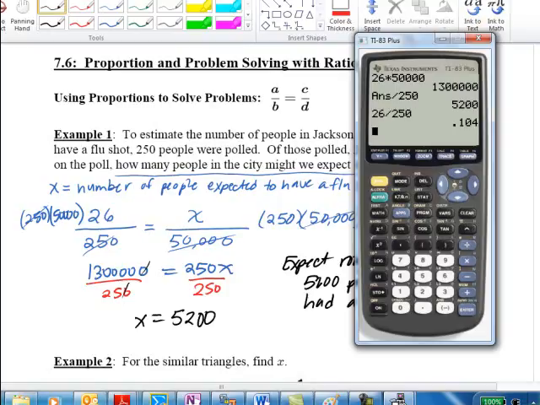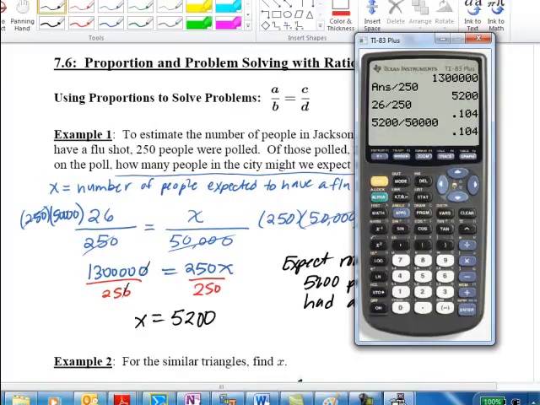See what you get, 0.104, and then try 5,200 out of 50,000. Also the same, so we can check and make sure the ratio really is equal. Looks good.